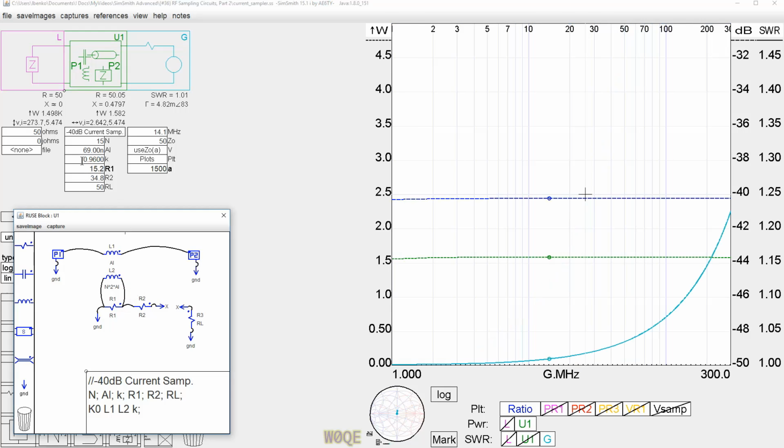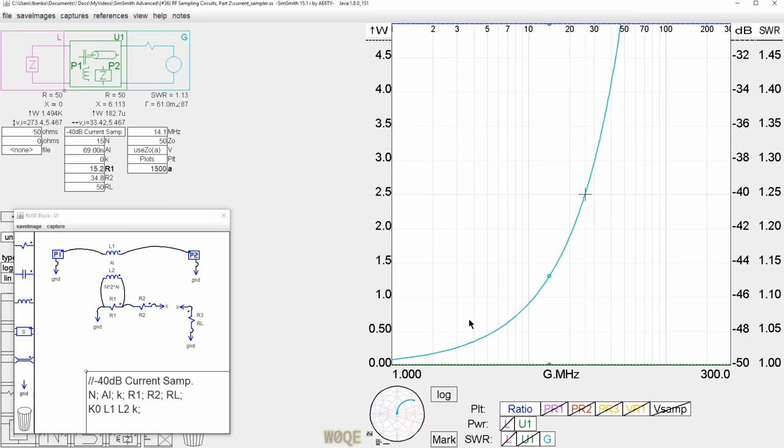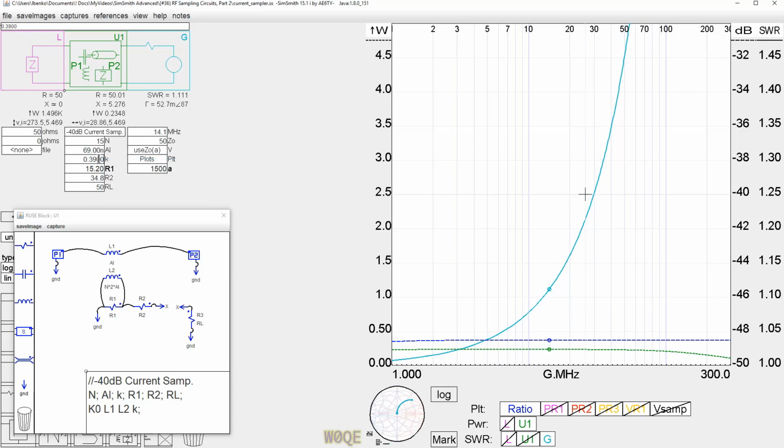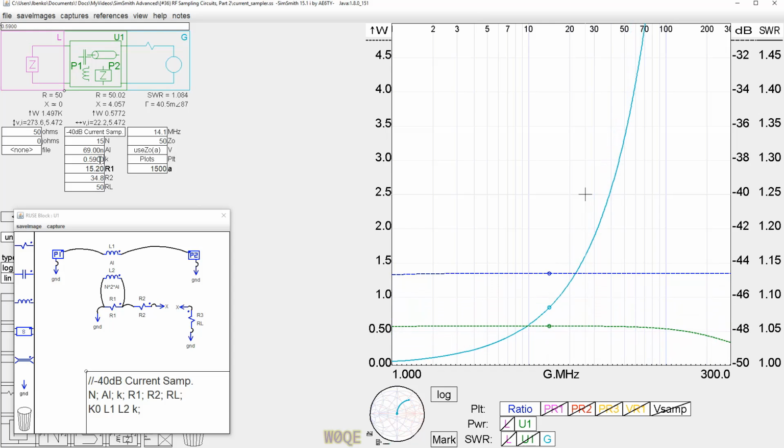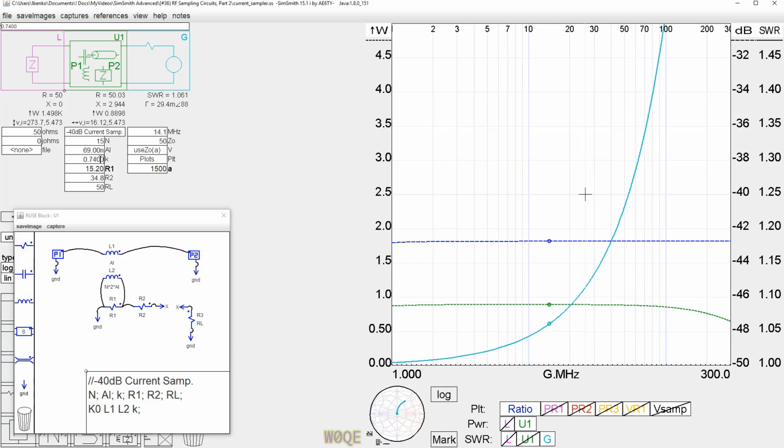And if we connected this and we set this value to be 0, we get the same value we had just a minute ago. So as the coefficient of coupling starts to rise here, we set that, okay, that's good. As the coefficient of coupling starts to rise here, what we see is that the SWR starts to get better.